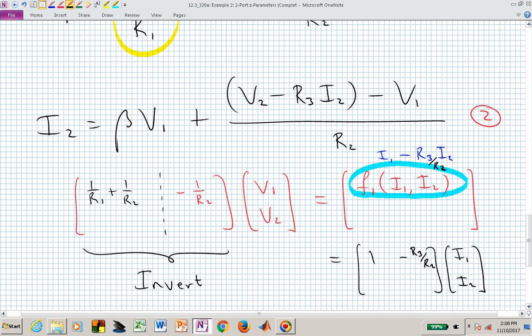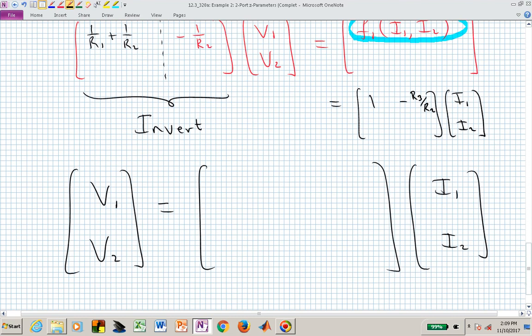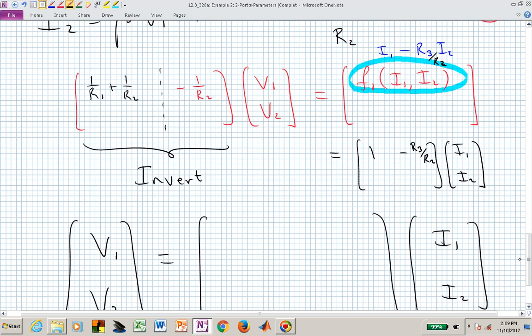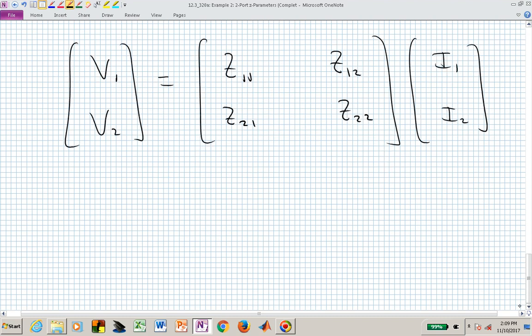That's going to be the 2 by 2 matrix that gets hit on the left by the inverse of this 2 by 2 matrix, and that will then leave me with some 2 by 2 matrix whose 4 elements I can then refer to as the different Z parameters.